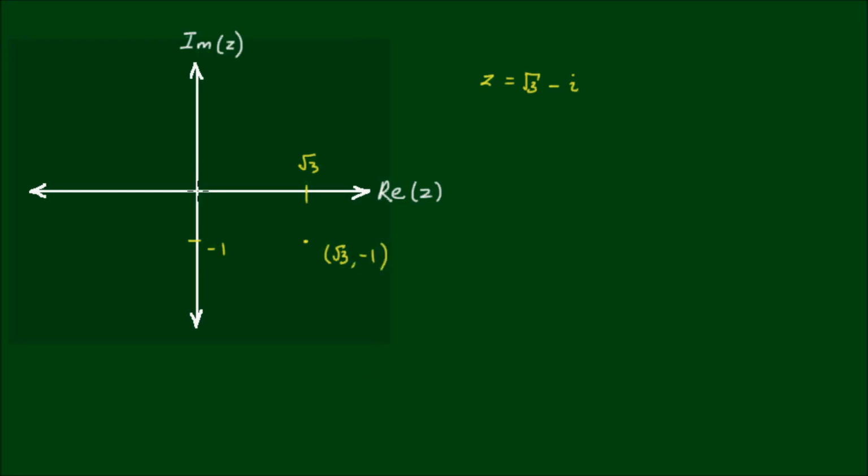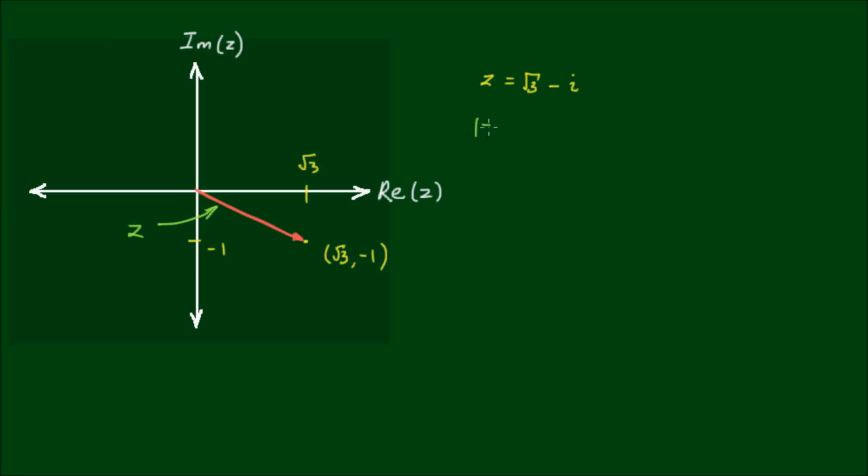Then if I complete the picture by drawing a vector from the origin to the point, this is my vector representation of z.